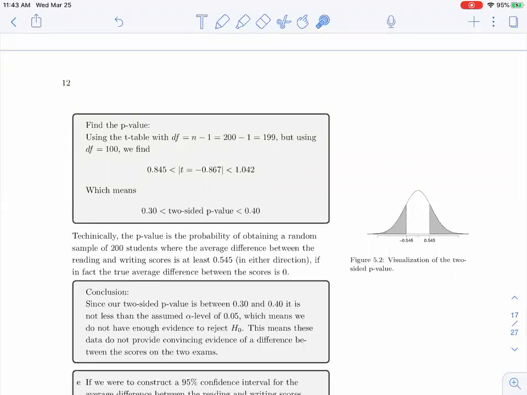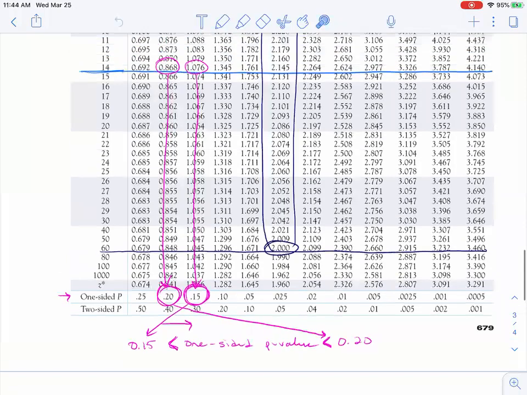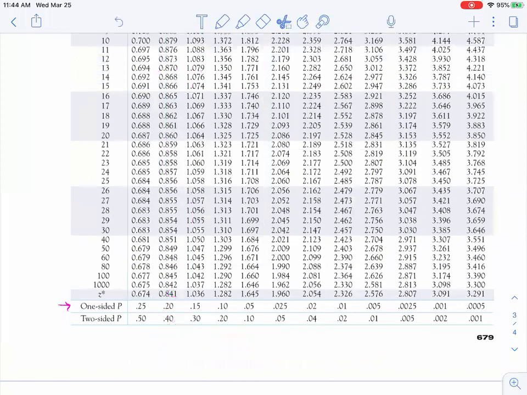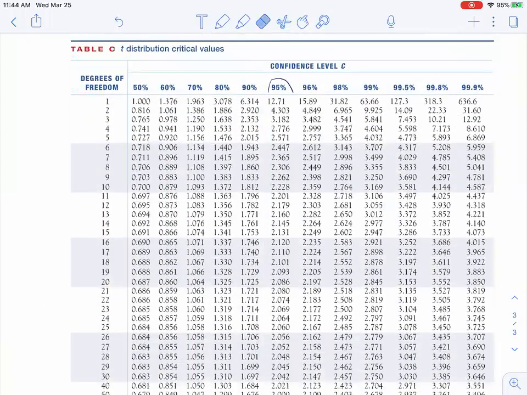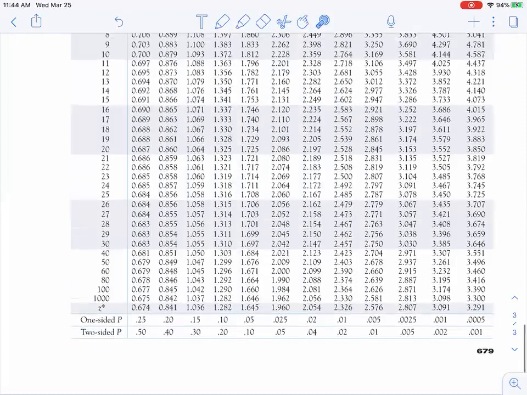But if we go to our t-table, and try to find 199 degrees of freedom, we're choosing between 100 and 1,000, right?